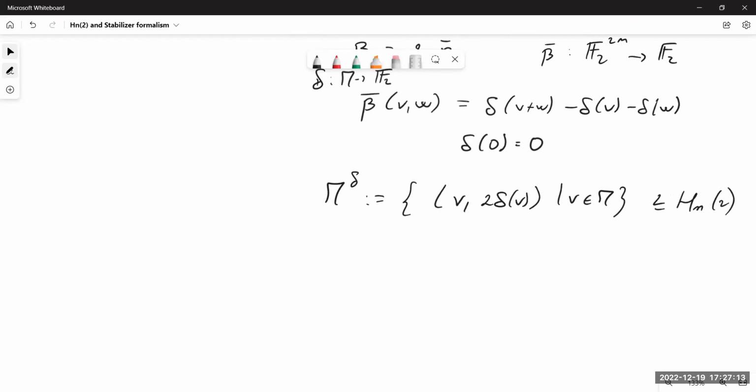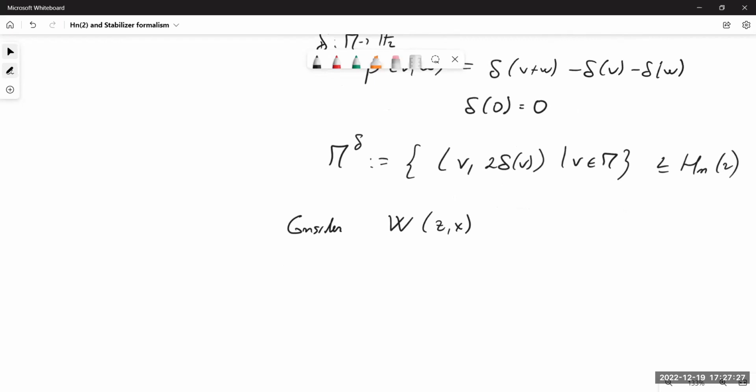Now what we have to consider is the Weyl operator. So we previously considered this operator, and now we consider the restriction of this representation to M_alpha.